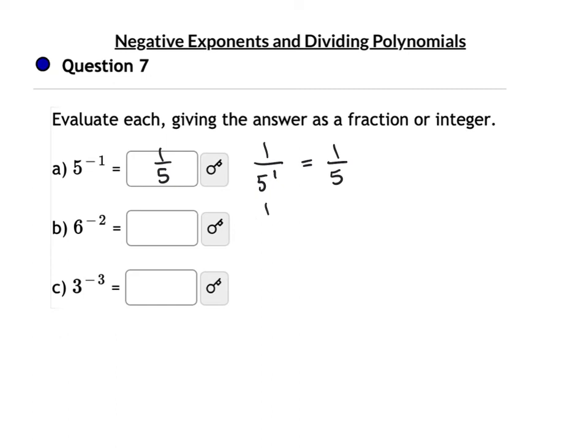6 to the negative second is 1 over 6 to the second. 1 over 6 squared, which is 1 over 36, 6 times 6. And 3 to the negative third is 1 over 3 to the third, which is 1 over 3 times 3 times 3, 1 over 27.